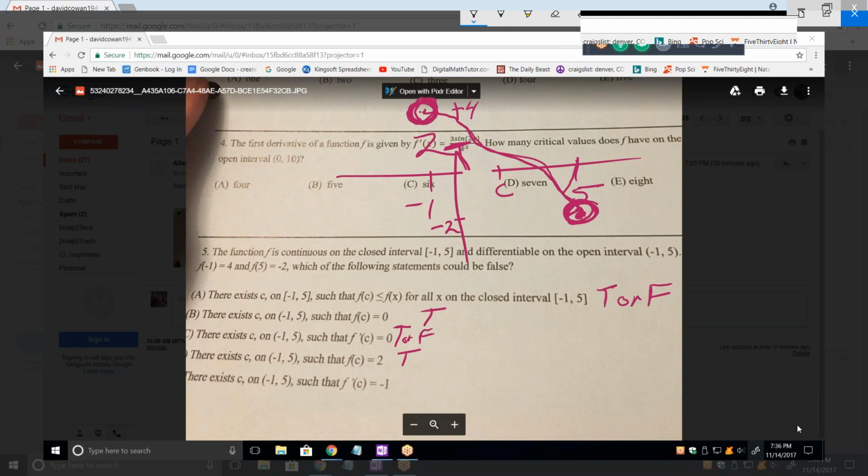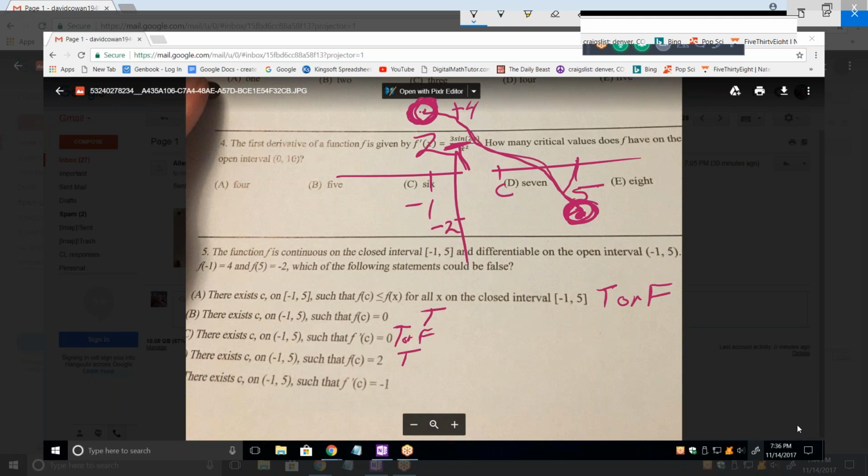So that's always true. There exists a C such that f prime of C equals minus 1. Well, all that means is the derivative is negative 1 somewhere on there. Aha, that also has to be true.